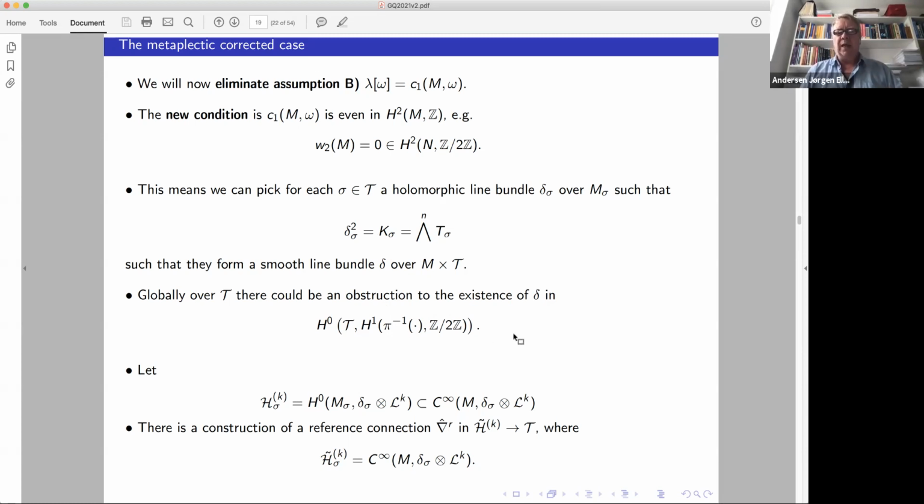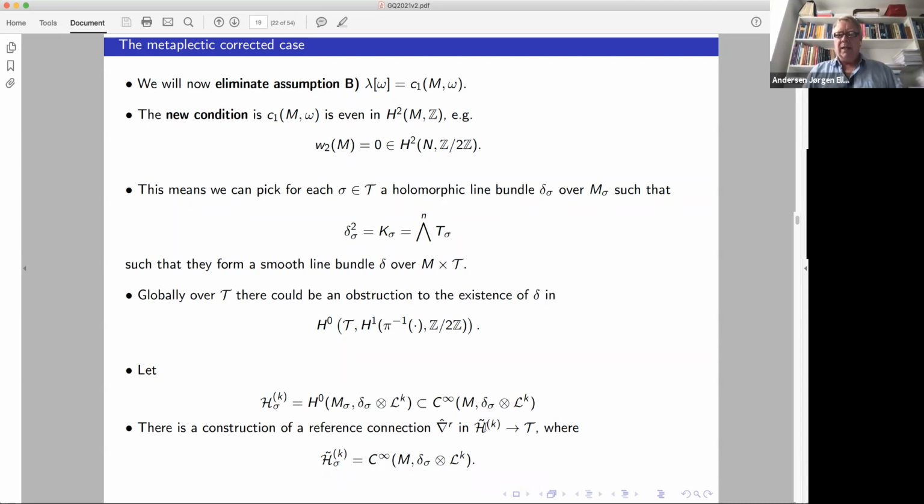But if you assume that that can be done, you can now consider a new line bundle, which is L^k tensor this square root of the canonical bundle. You can consider holomorphic sections of that, and I will assume that that again forms a smooth subbundle of this bundle here. Now you notice that this space depends on sigma, so it's no longer a trivial ambient bundle, but it turns out that there is a construction of a reference connection in that bundle.